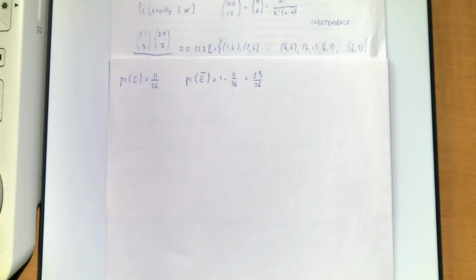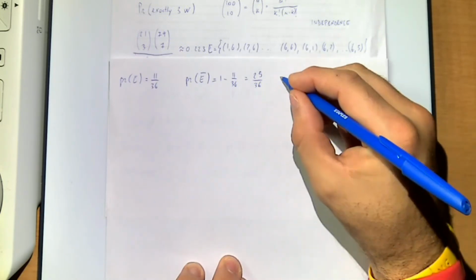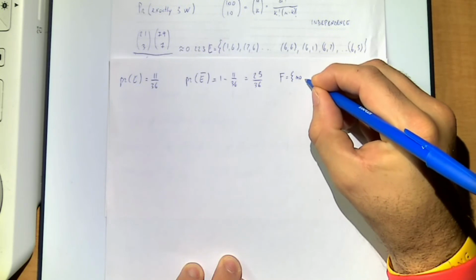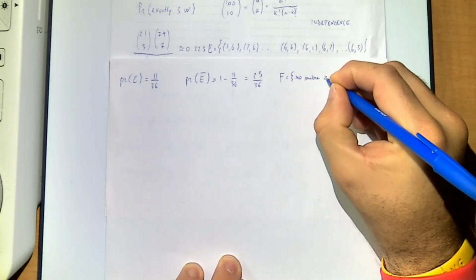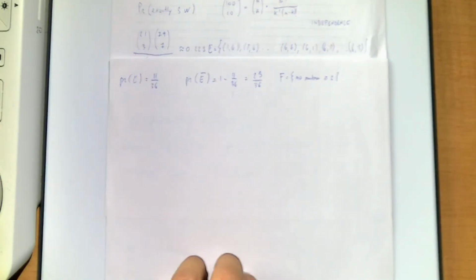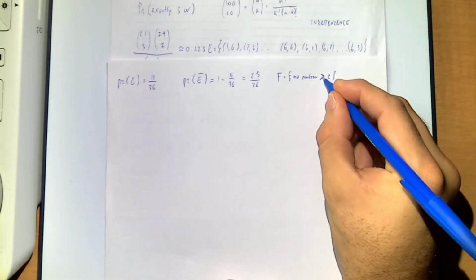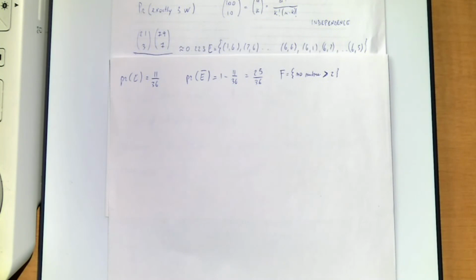Now, let's consider a different event. For example, F to be no number bigger than 2. Actually, bigger than 2 is strictly bigger than 2. So say that I roll at most a 2 on any face.